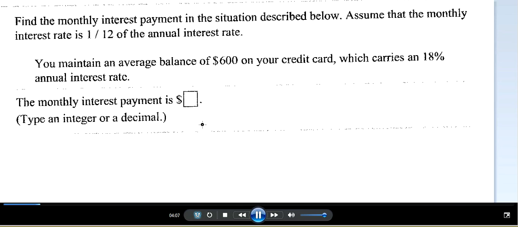Okay, this next problem is find the monthly interest payment in the situation described below. Assume that the monthly interest rate is 1/12 of the annual interest rate. What we're going to need in this type of problem is a formula called the simple interest formula.